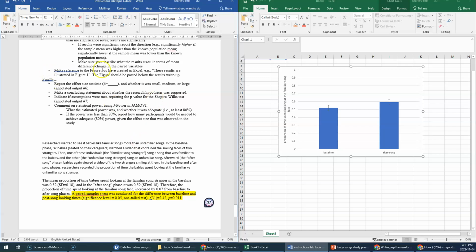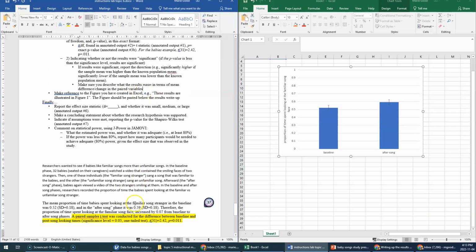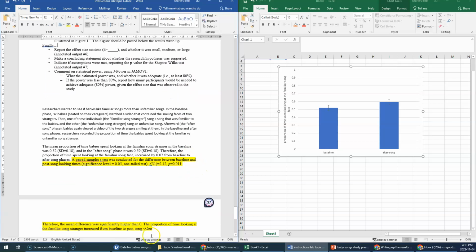Okay. Now, at this point, after you've reported the main results, you're going to make reference to the figure you've created in Excel by saying something like, these results are illustrated, or depicted, or described, or shown in figure 1.